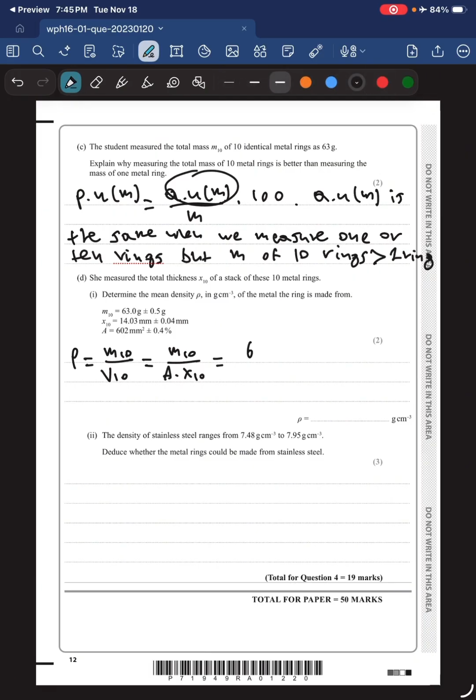Okay, so we are dividing 63, that's in grams, so that's good. But then we are dealing with millimeters. So let me remind you that 1 millimeter is 10 to the minus 1 centimeters. Okay, we have 602 times 1003, so grams per cubic millimeter.